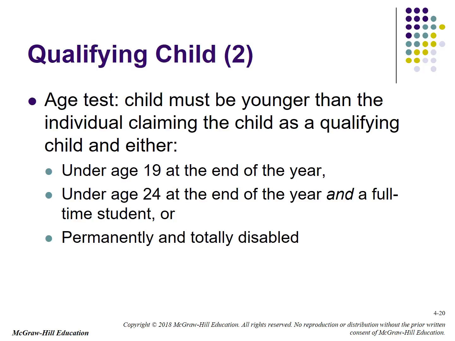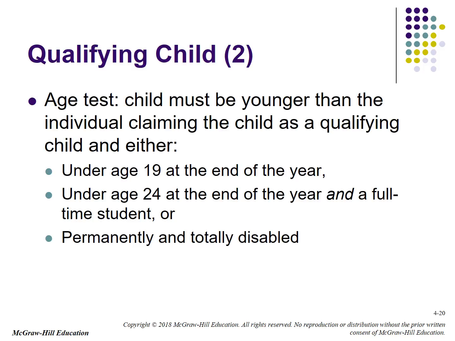If they are, they meet it. If they aren't, then look to see, are they under age 24 at the end of the year? If they are, they have to be a full-time student, not part-time, full-time. They'll meet this test. Now, if they're 24 or over, the only way they'll meet this test is if they're permanently and totally disabled.